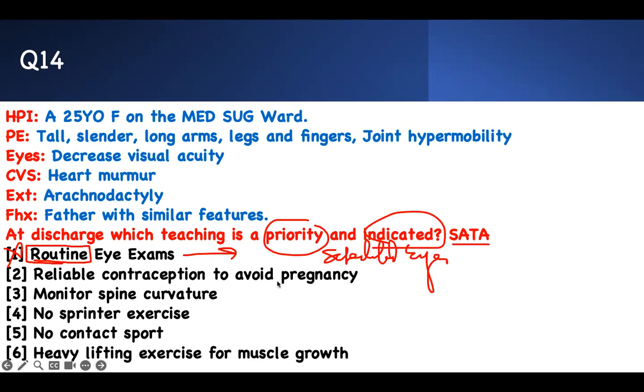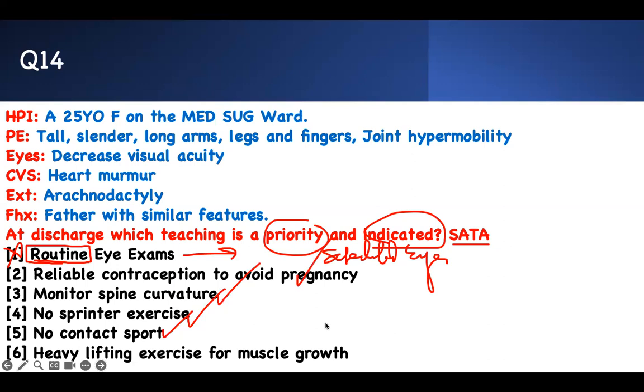Reliable contraception to avoid pregnancy. Yeah, barrier method, another thing that will prevent me from getting pregnant. Monitor spine curvature. They get scoliosis. They cannot do any isometric exercise, otherwise they will have dissection of the aorta. No contact sports. If somebody bumps into you, you're going to rupture stuff. So no contact sports. You can't play soccer, rugby, basketball, or football.